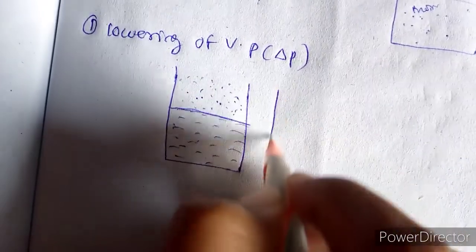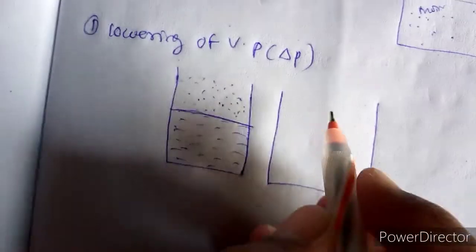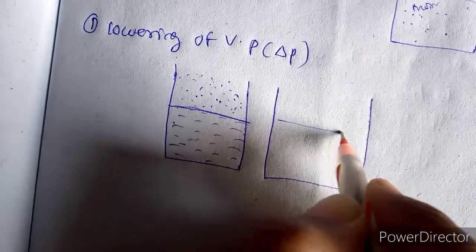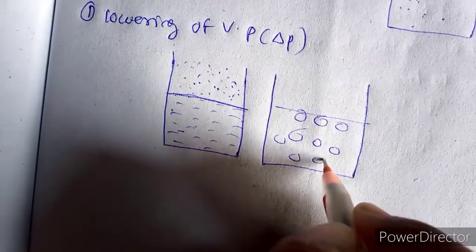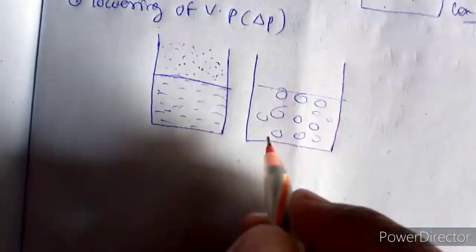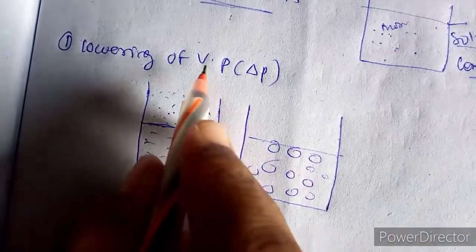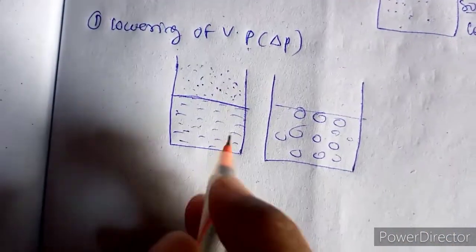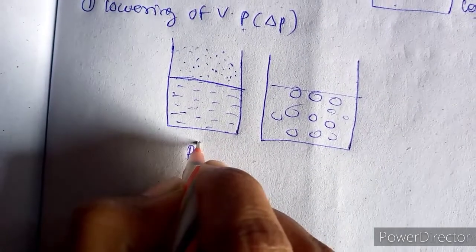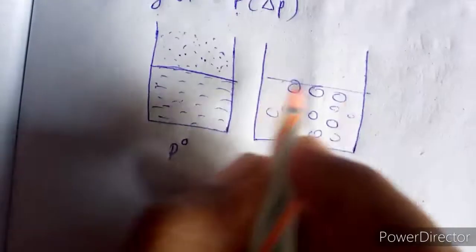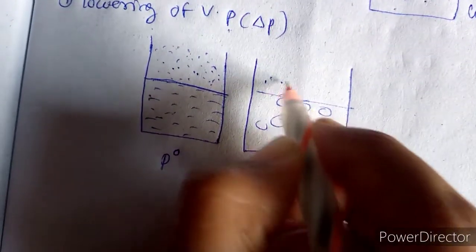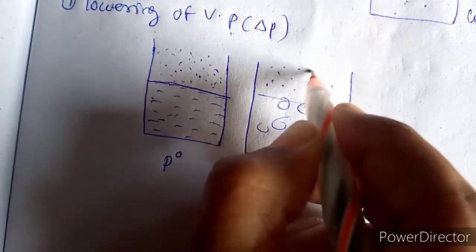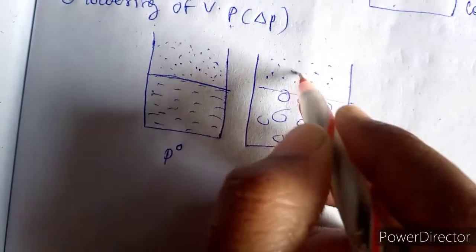Now take some particles of solute and dissolve them in this solvent, then it becomes a dilute solution. Now what happens to the vapor pressure? In the pure solvent the vapor pressure is P0. By the addition of solute particles to the solvent, it produces less vapor pressure, as less liquid converts into vapor.